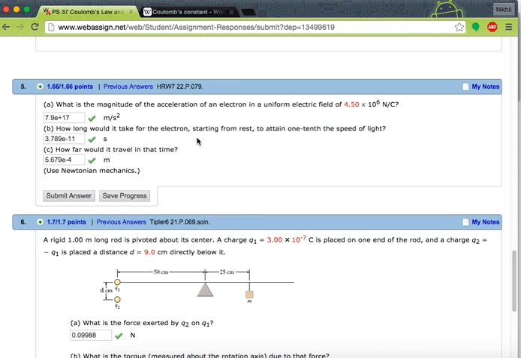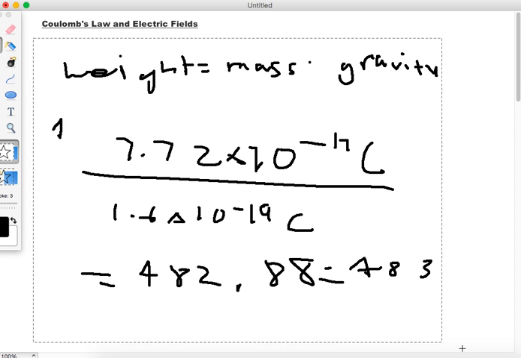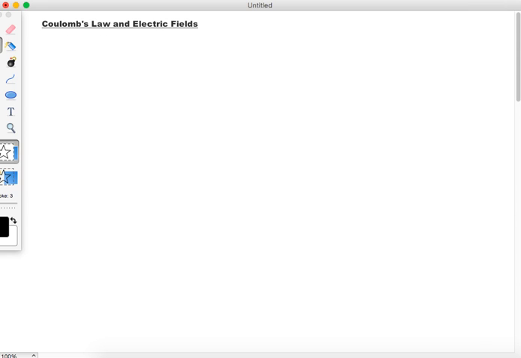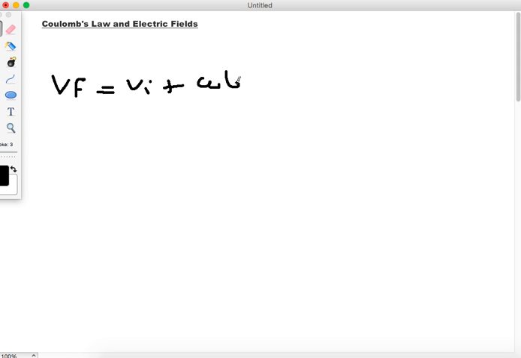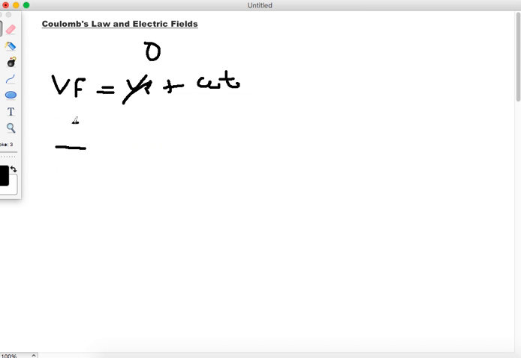How long will it take an electron from rest to attain 1/10 the speed of light? Well, that's just kinematics. V final equals V initial plus AT. V initial says from rest, 0. V final is 1/10 of the speed of light, C over 10.